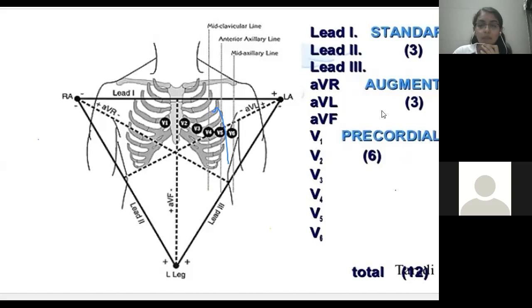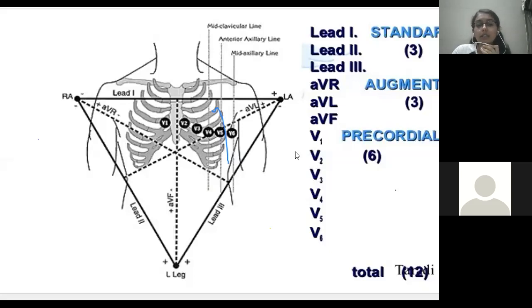Okay. So there are 3 standard limb leads. There are 3 augmented limb leads, and there are 6 chest leads, which are used to interpret the electrical activity of the heart.